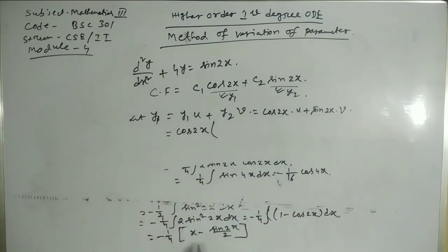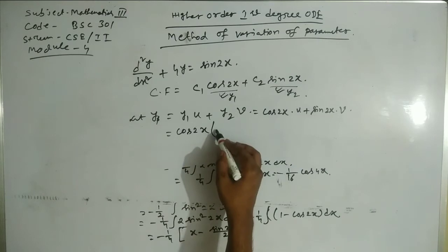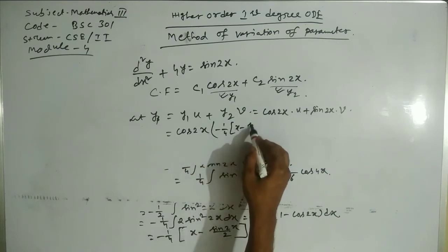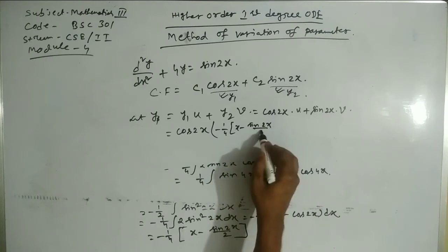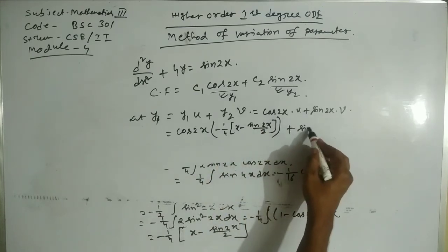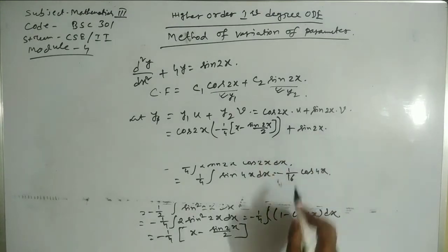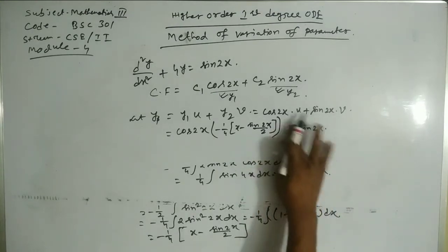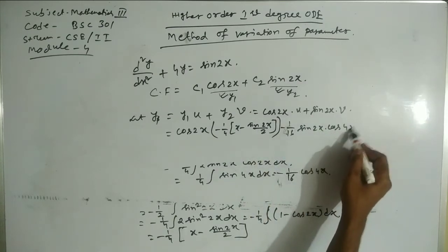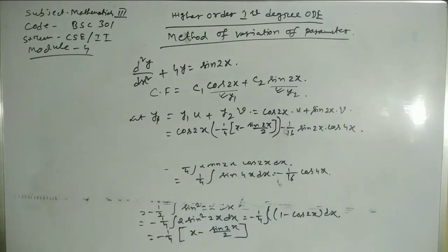U is this, minus 1 by 4 x minus sin 2x by 2, this is u, plus sin 2x into v. V is this, so this will be minus 1 by 16 cos 4x. So we got our particular integral.